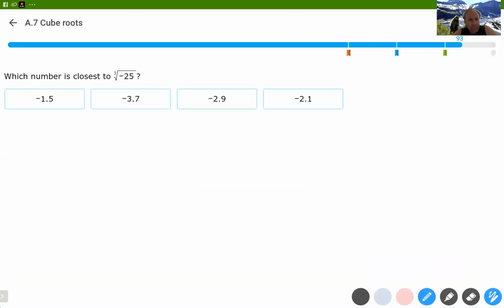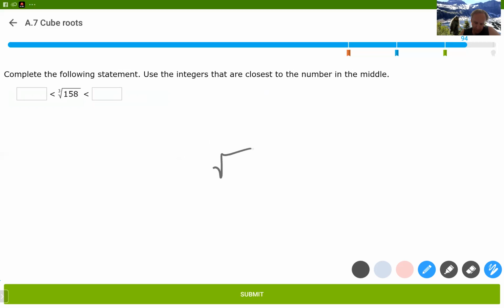So I'm going to guess that one, because the negative 25 is right over near here. So cube root of 158. So we're looking at the cube root of 216 and 125. So we're between 5 and 6.